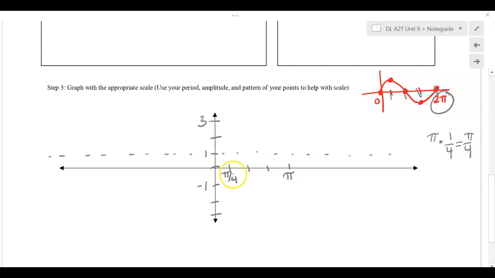So that would be 1 pi over 4, 2 pi over 4, or pi over 2, 3 pi over 4, pi, and then we would keep numbering in this way. And the values you see me writing right here are pi over 4s, but then reduced if possible. So I'm writing them out. And on the other side, you would have those same values in their negative format.